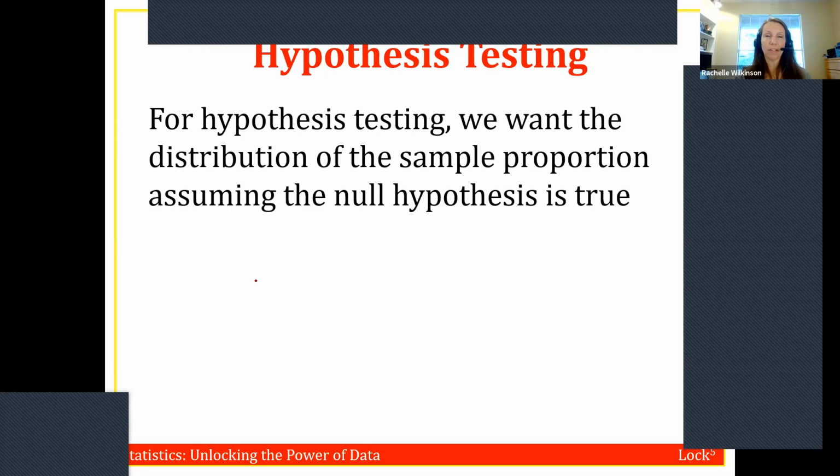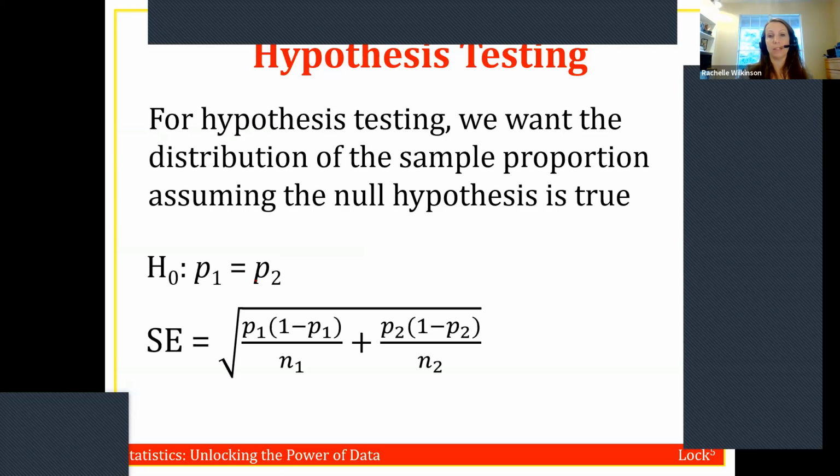When we're doing a hypothesis test, remember, we're always trying to figure out the p-value, which is computed assuming the null hypothesis is true. So if the null hypothesis is true, then that means that P1 is equal to P2. So thinking about our standard error formula, it has the P1s and the P2s in it.